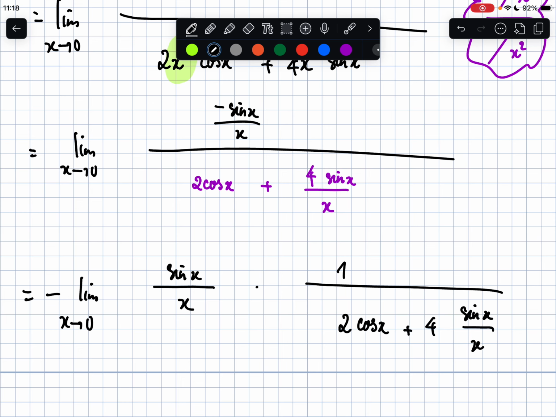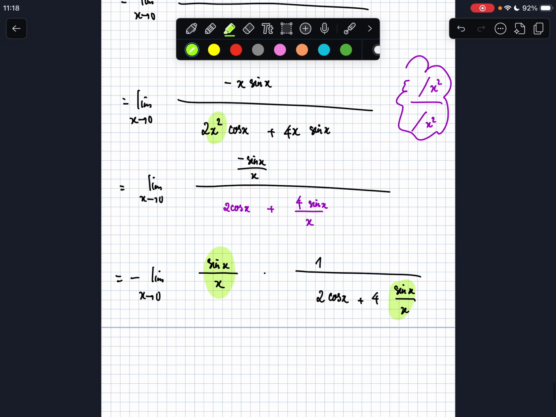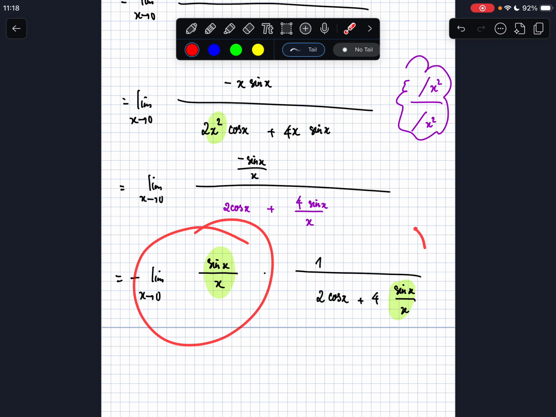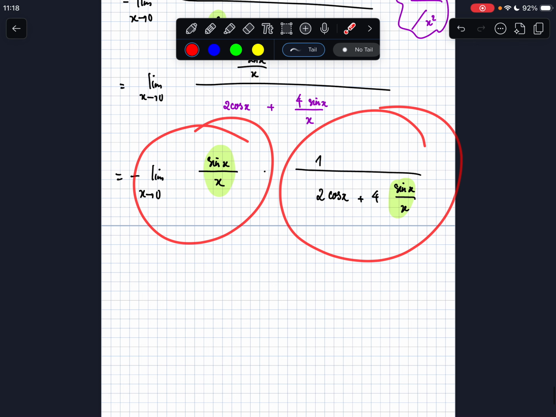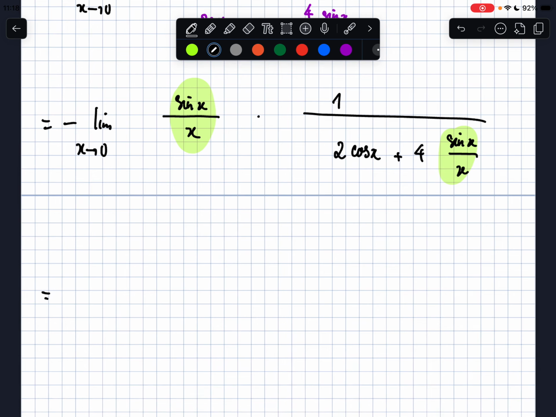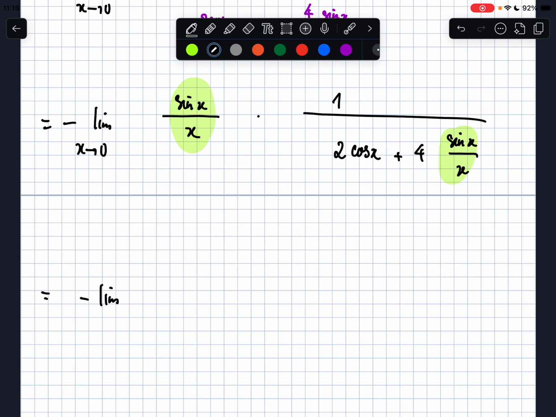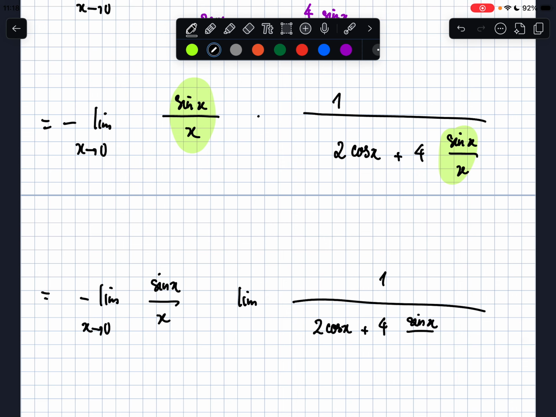For now you are familiar with this one. So we have this limit multiplied by this limit: sin x over x as x to 0, and 1 over 2 cosine x plus 4 sin x over x as x to 0.